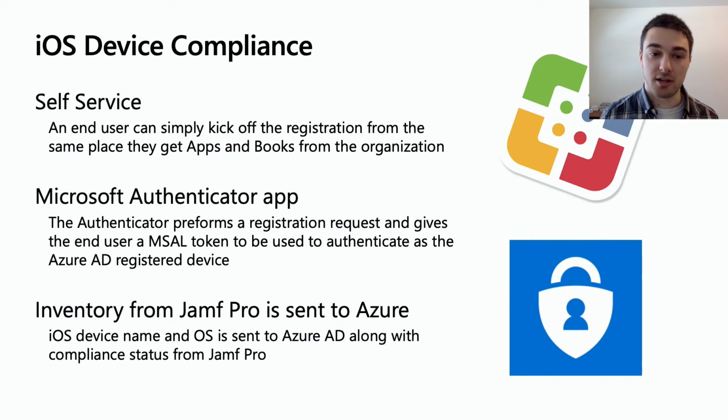Then they're using the Authenticator app to get that token, which allows them to authenticate to anything that Azure AD is utilizing the Authenticator app with on the iOS or iPad, and that allows the device to then be registered. The inventory information is sent from Jamf Pro to Azure that allows the device to then be flagged as compliant. And it's really that simple. Once they're compliant, the device has that information, the Jamf Pro server has the information, and Azure has the information about the device.